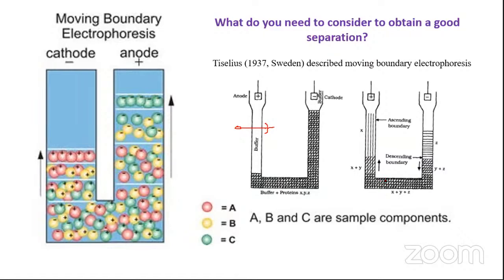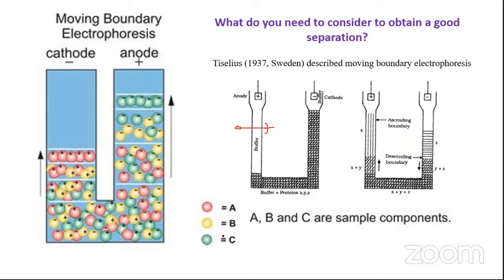First and foremost, if you have a population of molecules, say A, B, C, in your sample, and you turn on electrophoresis and all three of them are differently charged, will you get a good separation? That's the basic question.